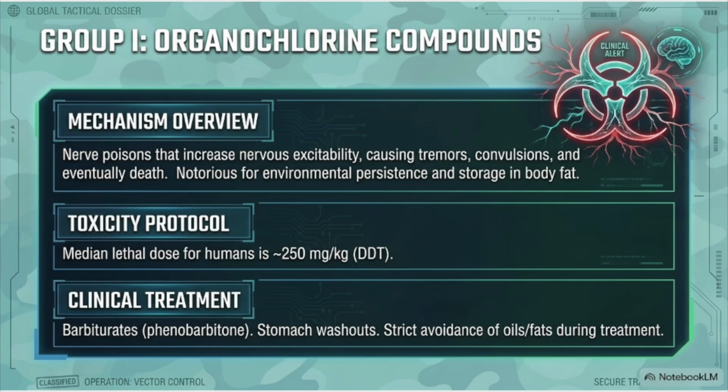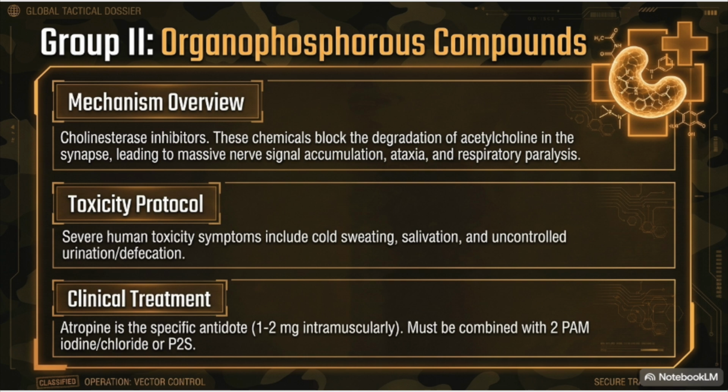or fats during treatment. Now, let us look at Group 2, organophosphorus compounds. These are cholinesterase inhibitors, chemicals that block the degradation of acetylcholine in the synapse, leading to massive nerve signal accumulation, ataxia, and respiratory paralysis.